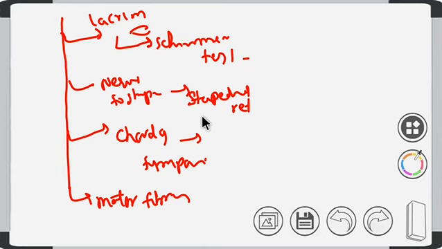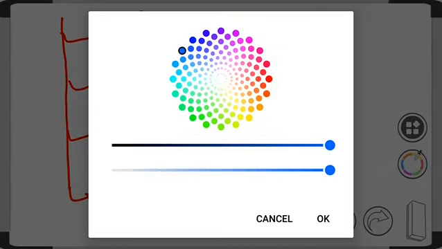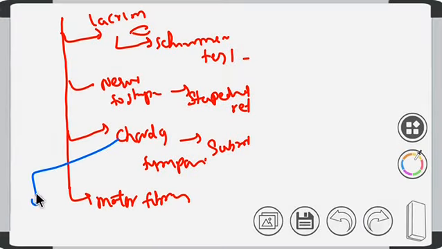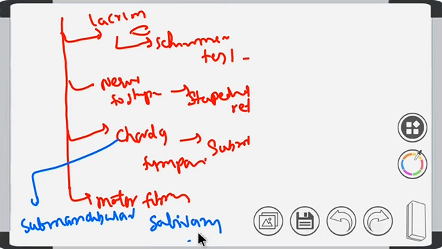For chorda tympani, we'll do the submandibular salivary flow test, that means we measure salivary secretion. Then we'll also check for taste. The last test is to check for taste.